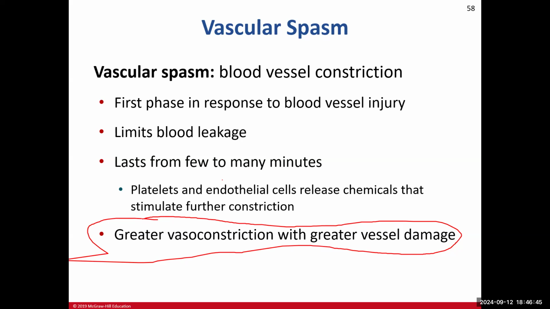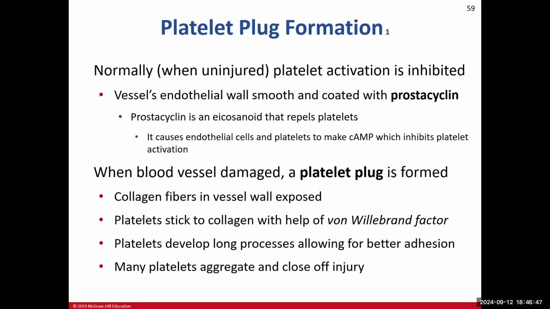All right, let's talk about what happens normally. I've got to paint the picture for you folks, because right now in all of us this is exactly what's happening. I'm assuming that everybody is uninjured. So your simple squamous epithelium, your endothelial cells, are constantly releasing that chemical up there, prostacyclin. Does that look familiar to you?